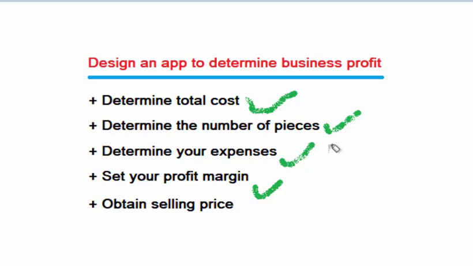And maybe I'm a tailor and I'm making shirts. If I'm selling a shirt at maybe $1,000, then I just want $200 from that 1,000. So you must be able to set your profit margin. After setting your profit margin, you'll be able to obtain the selling price.